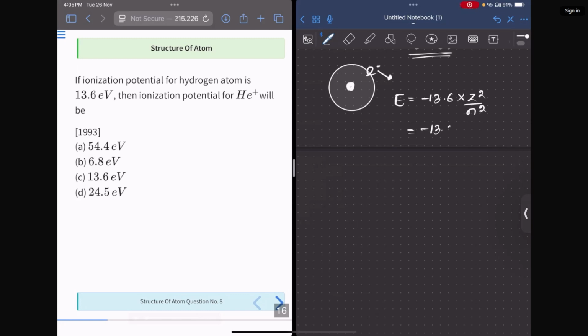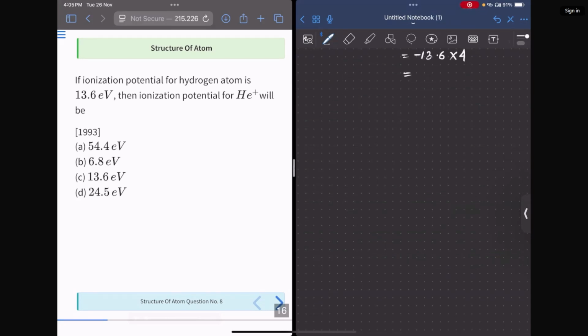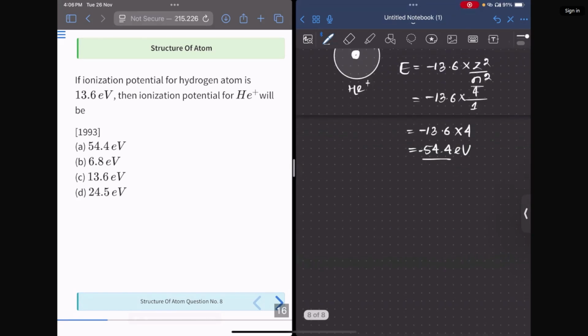What is the Z value of helium plus? The atomic number is 2, so Z square is 4. N means the orbit number. It is in the first orbit, so 1. So minus 13.6 into 4 will be minus 54.4 electron volt. It is the energy of the electron in the first orbit of helium plus ion.